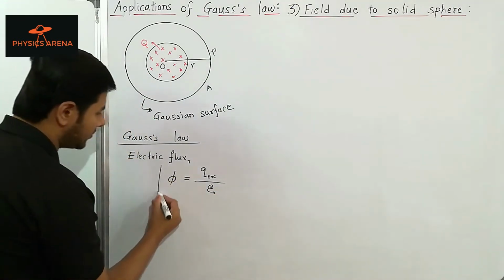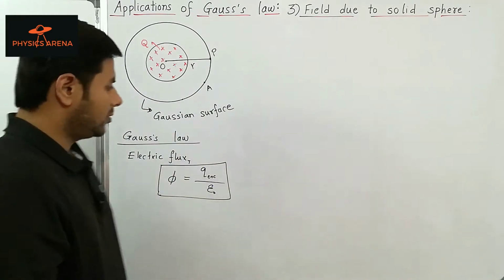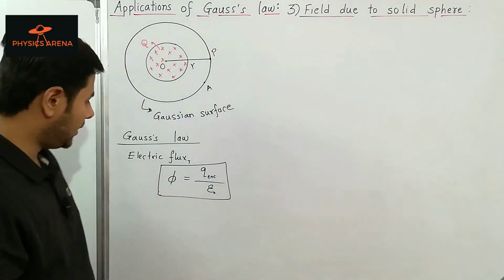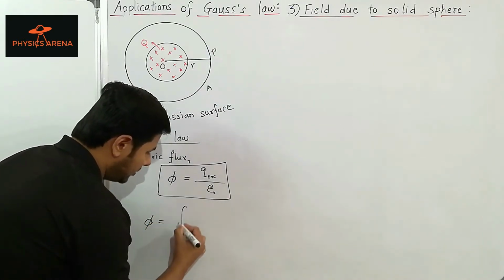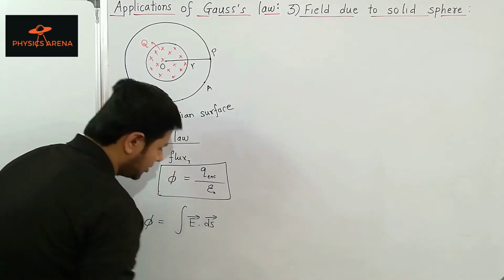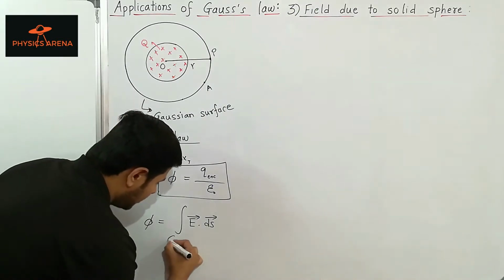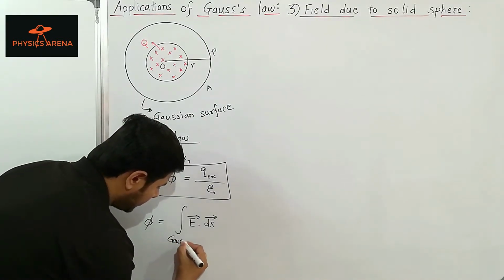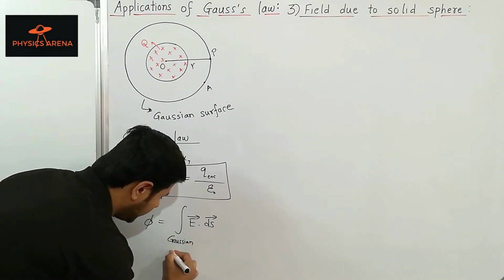This is the Gauss law. Now we know that the electric flux phi is equal to surface integral of electric field over the Gaussian surface.